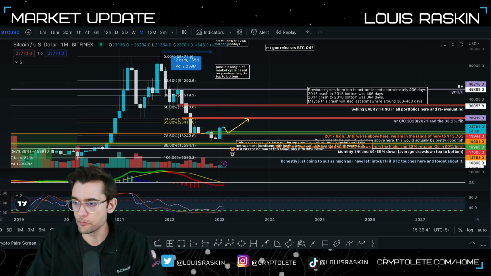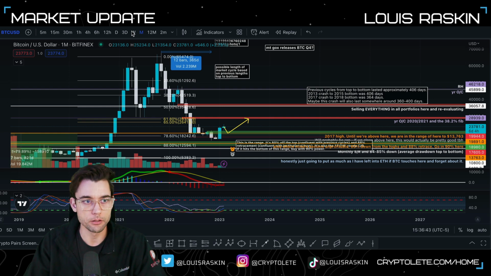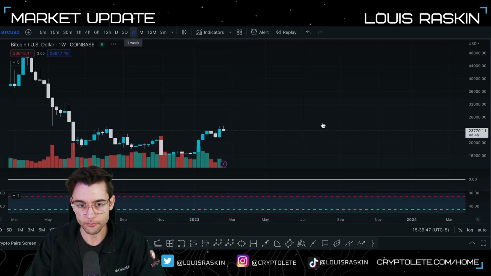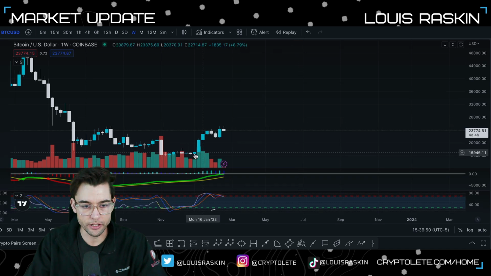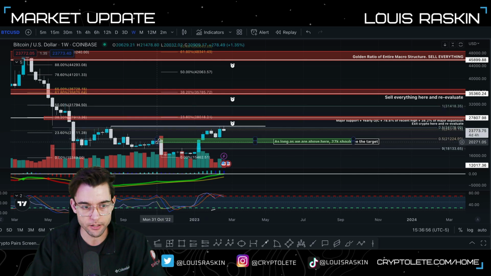And if we go down into the weekly charts, let me pull this up right here. We get a little bit more granular with it, and we can see that Bitcoin had that break in the market structure right here, and this was the previous swing high.